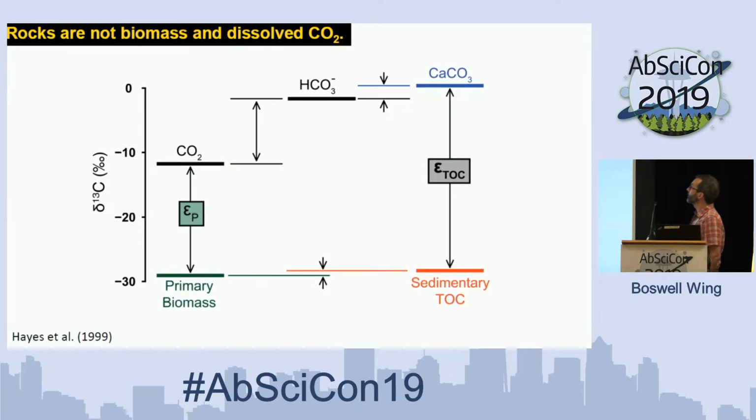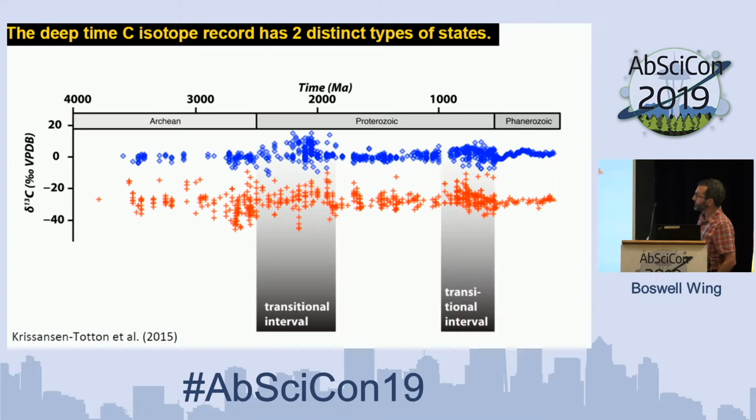Okay? So one of the things is, what does this record of mineral carbon isotopic compositions and total organic carbon isotopic compositions look like in deep time? One of the things that we're very fortunate for is that there was recently an incredible statistical reanalysis of the carbon isotope record in deep time.